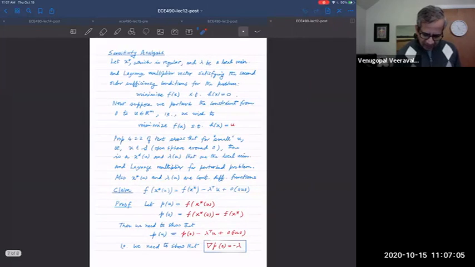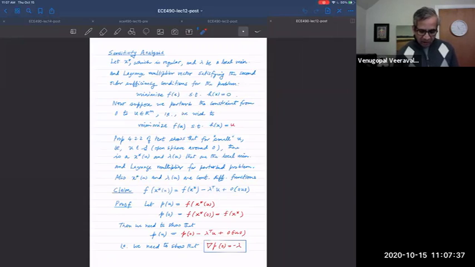Yeah, sensitivity analysis. So we showed in this lecture that if you look at equality constraints and you perturb your equality constraint from 0 to some u, then the optimum value of the new constrained optimization problem, f of x star of u, can be written as f of x star minus lambda transpose u.